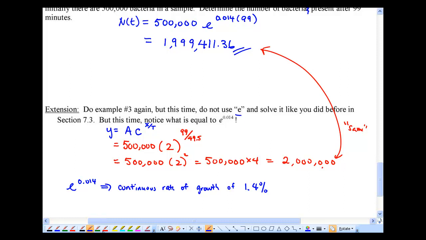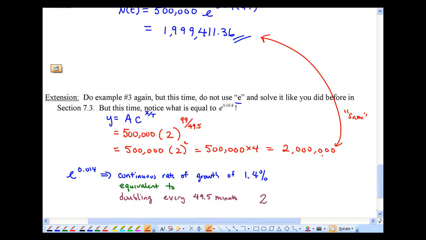And this is equivalent to doubling every 49.5 minutes, right? Because ultimately, what we're doing here is 2 to the power of 1 over 49.5. And that should be the same thing as e to the power of 0.014.